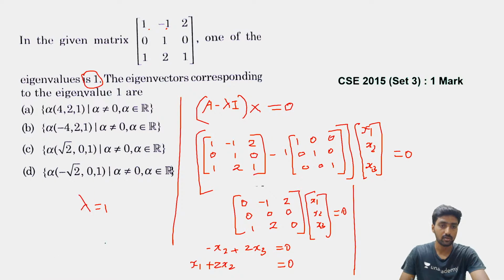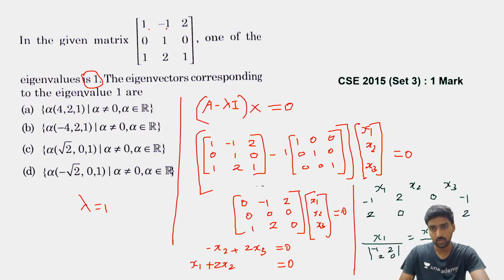Here for x1, x2, x3 we need to start with the minus 1, 2 column, then 2, 0, then 0, 1, again minus 1, 2. So x1 divided by the determinant of minus 1, 2, 2, 0, x2 divided by 2, 0, 0, 1, x3 divided by 0, minus 1, 1, 2.